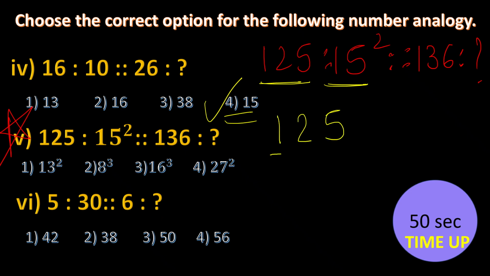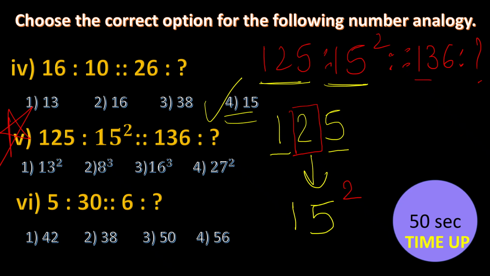So you need to write just 1 and 5. First digit and the last digit of a number will remain same. That means you need to write as it is. And whatever middle number is there, that becomes the power of that number. This is what the logic used here.